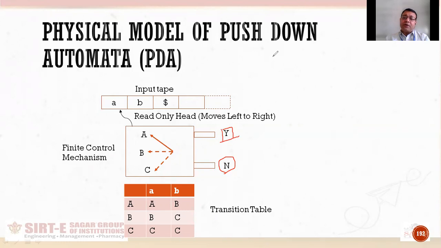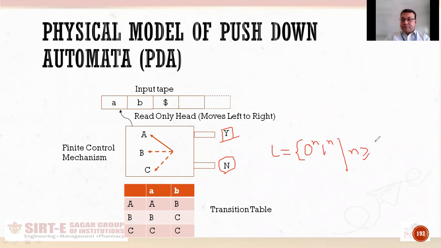Now the problem which we faced in finite state machine was that we encountered a language which was something like this. Just a second. It was L equals 0 to the power n, 1 to the power n, where n is greater than or equal to 1.